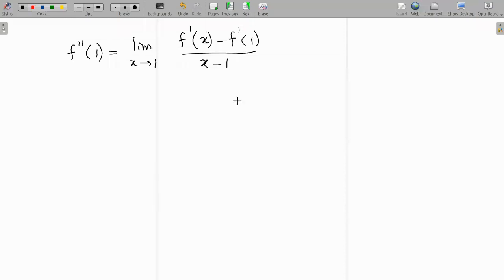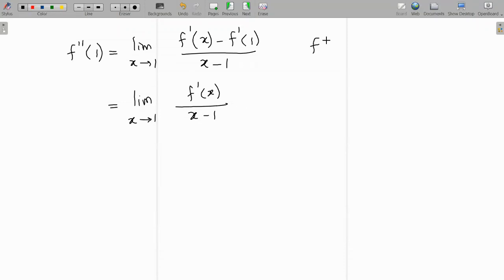What will be f double dash? It is the limit as x tends to 1 of f dash at x minus f dash at 1, upon x minus 1. Now f dash 1 is 0, I know. So I have to calculate the limit as x goes to 1 of f dash x upon x minus 1. Again, the problem is I don't know f dash x.